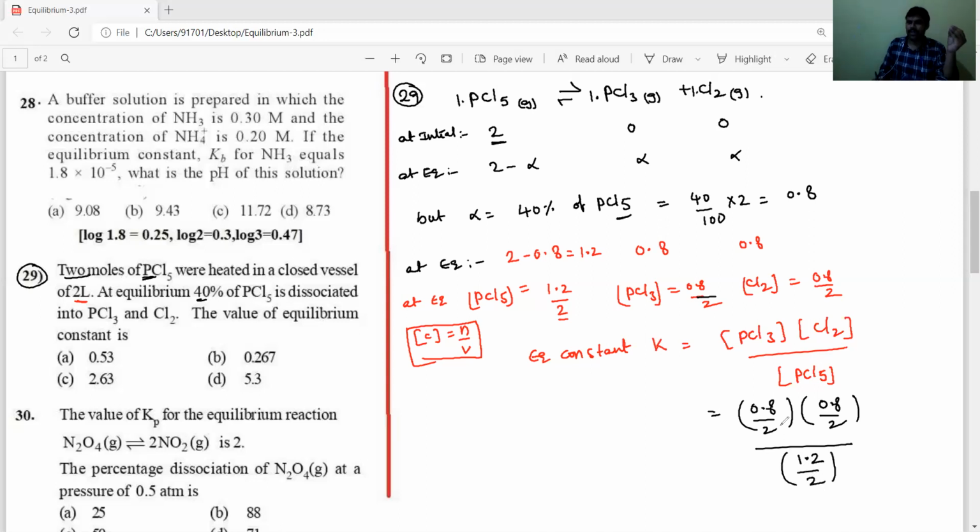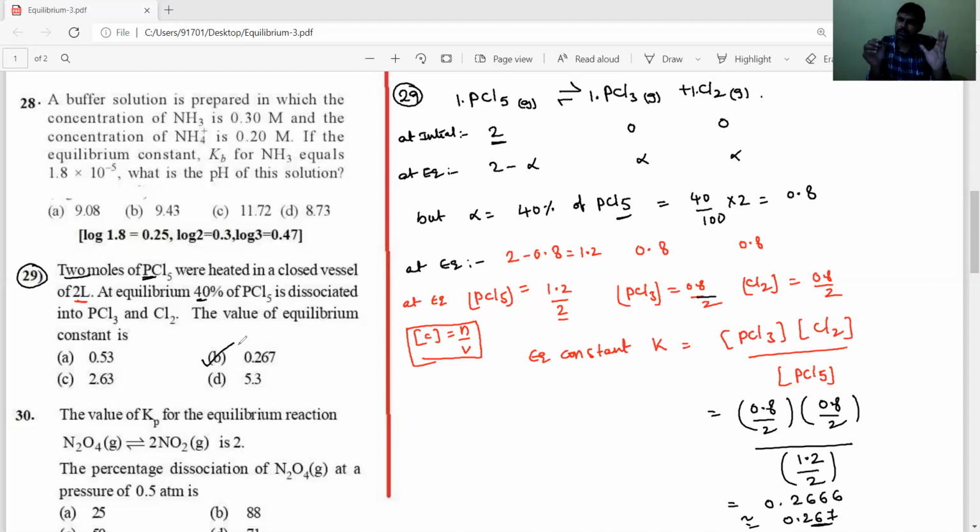Just simplify, then we'll get the answer: 0.266, which is approximately 0.267. So the answer is option B.